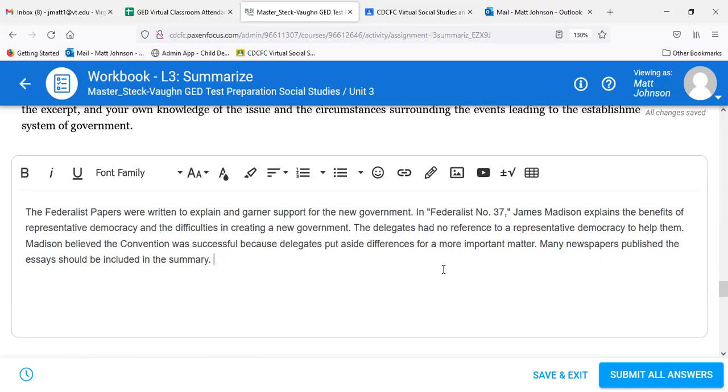Many newspapers publish the essays should not, there we go, be included in the summary. So short and sweet, hitting the main points. What are the Federalist Papers? What was Federalist Paper number 37? That covers it.